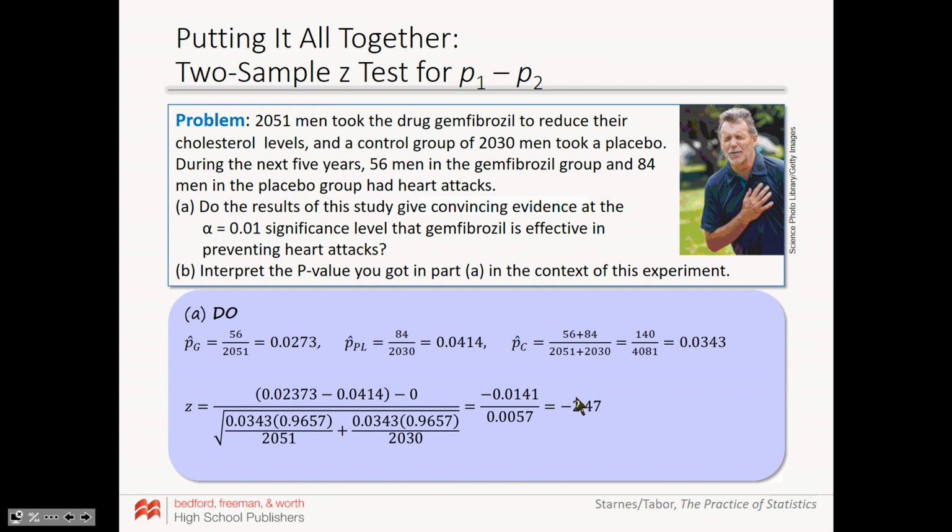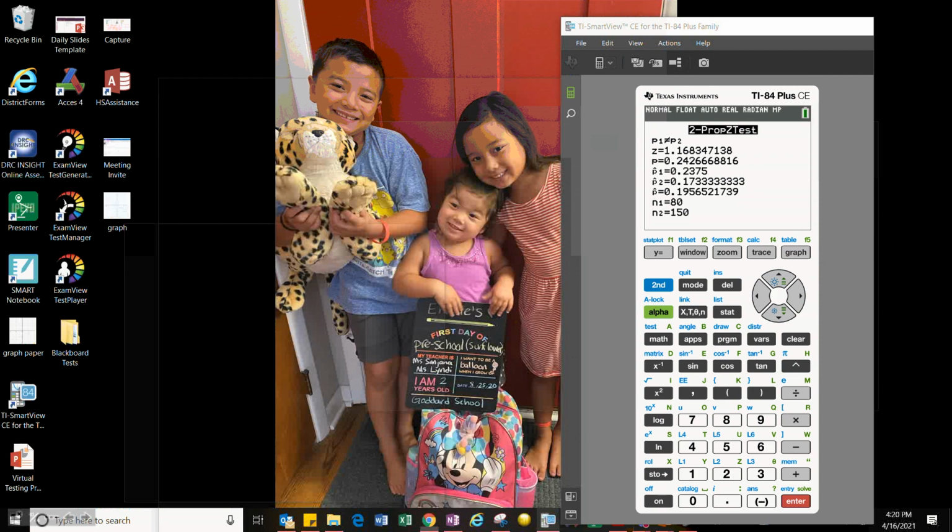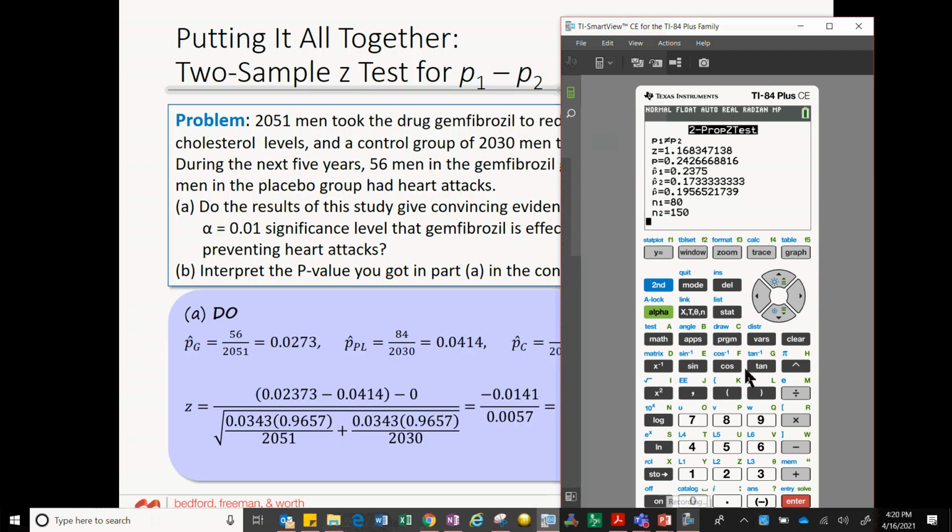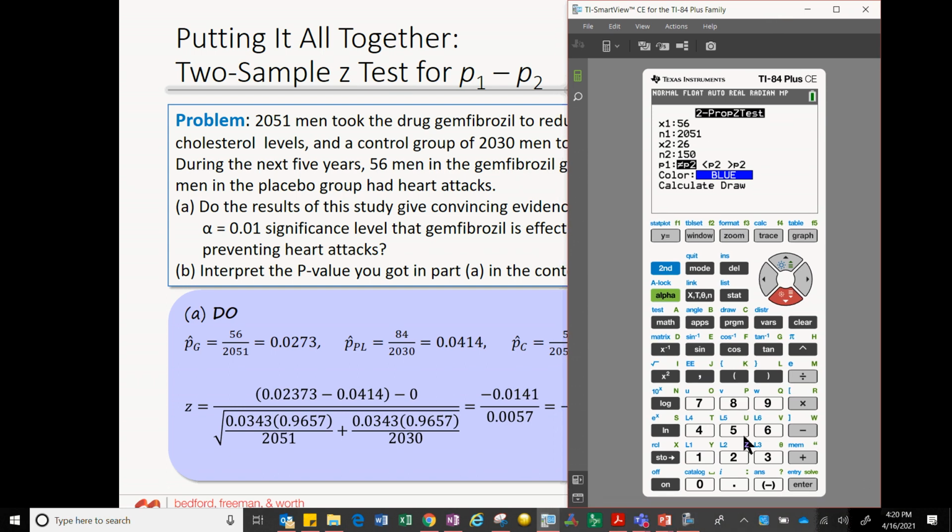So another quick reminder, even though you're doing the number crunching on the calculator, you still have to write down all of this work. If I were doing this problem, it would be at this point that I get out my calculator. I go into stat, test, 2-proportion z-test, and I type in 56 men out of 2,051 and 84 men out of 2,030 had a heart attack, right?